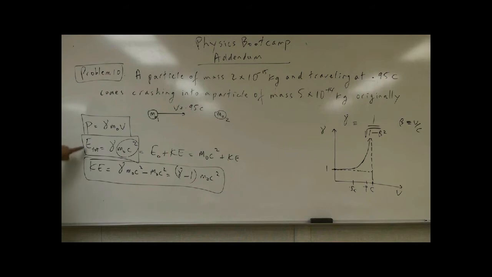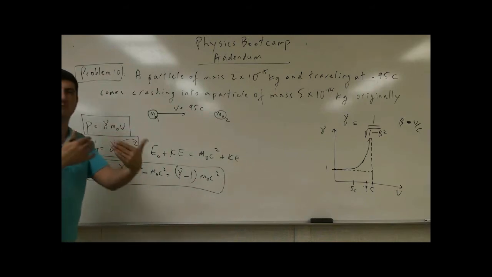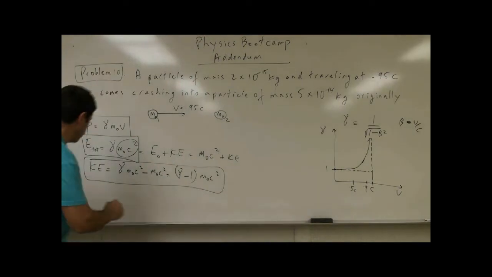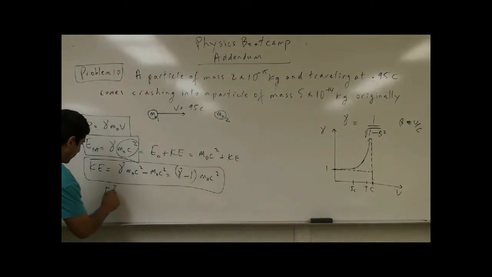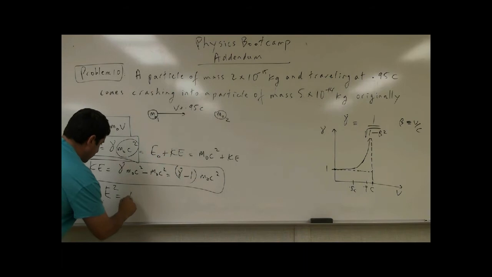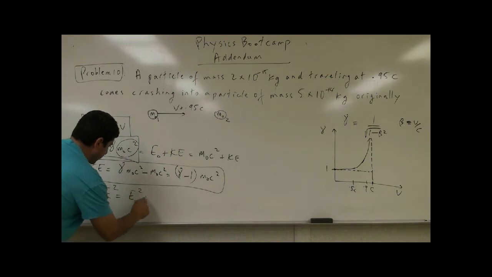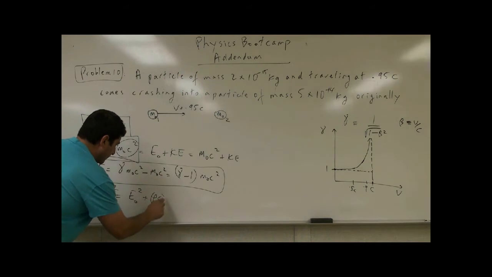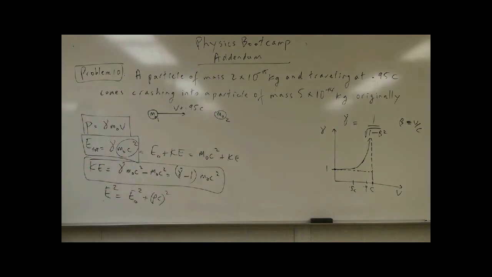That equation is going to be, if you square this and you square that, and you can spend some time to prove this equation, then what you're going to end up with is E squared is equal to E0 squared plus the momentum times the speed of light, quantity squared.